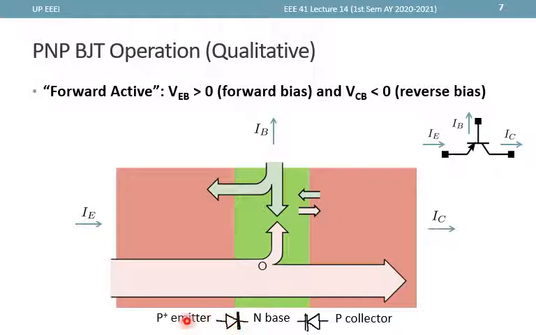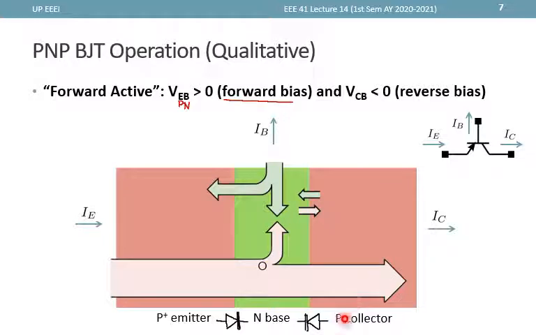The P side is the anode, the N side is the cathode, and to forward bias this, we need to apply a positive voltage to this diode. The P side is the emitter, so this E right here refers to the P side, and this B right here refers to the N side, and therefore we simply get that some V_EB is greater than 0 for it to be forward biased.